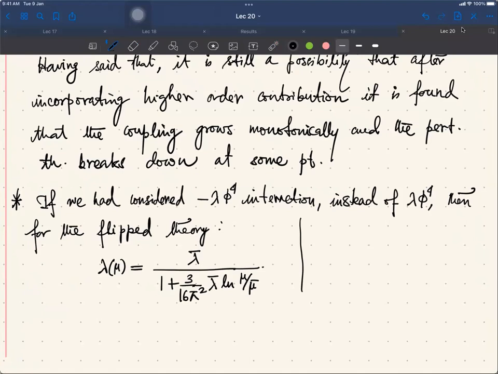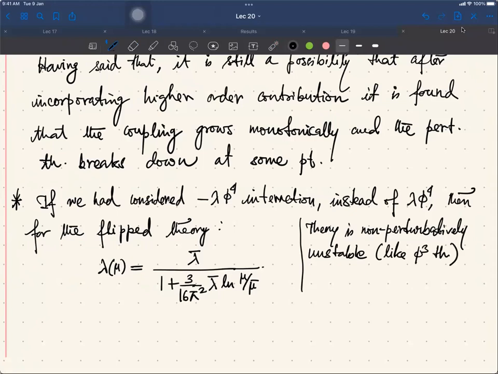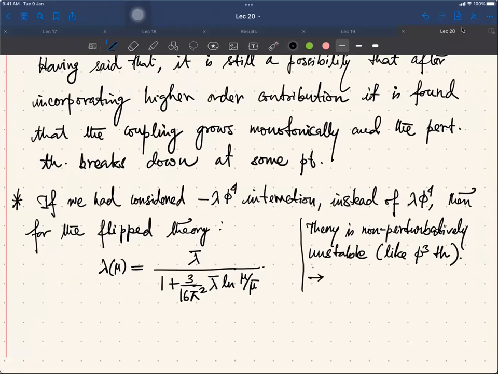But that is not visible in perturbation theory.